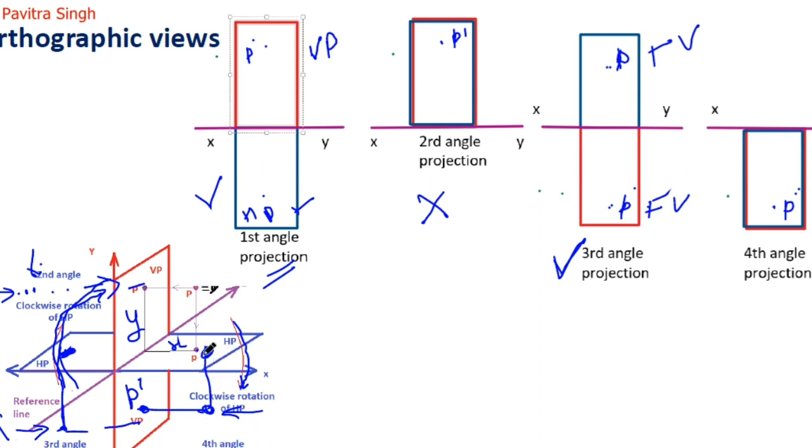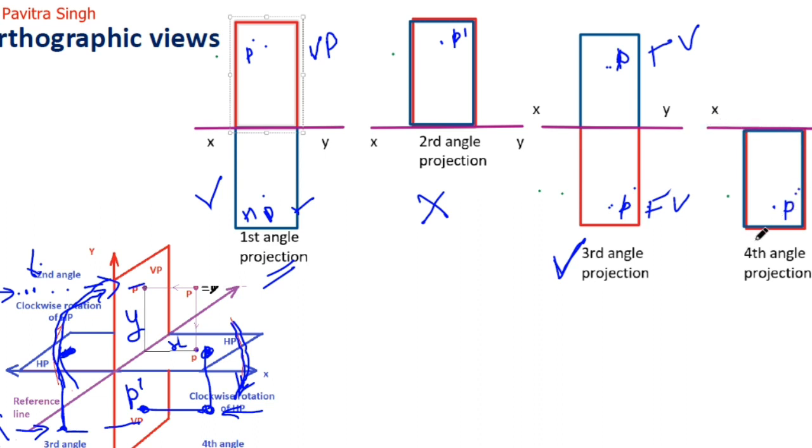So this top view will be above the XY line here. Okay, so this is the top view. So this is the front view, and this is the top view. So it is the case of the third angle projection.